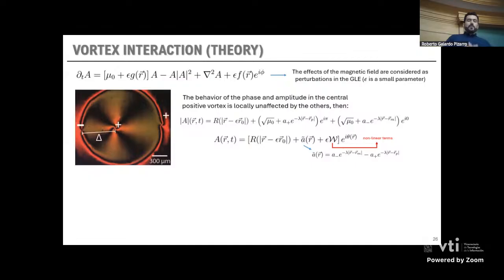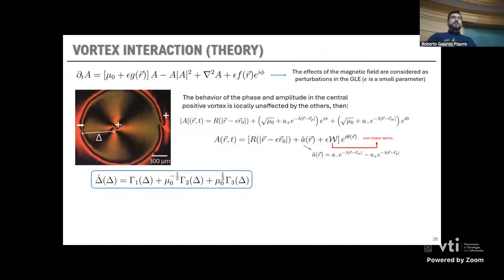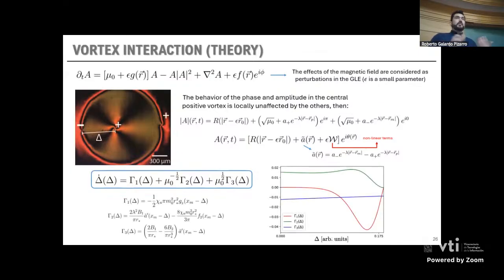So after straightforward calculations, we can achieve a dynamical equation for this system, which has three terms related with three functions. The function gamma 1 has only effects of the magnetic field, and is related with the red curve in this plot.